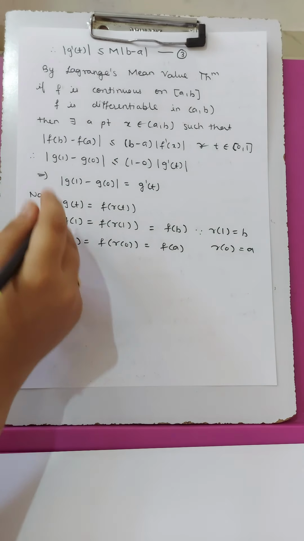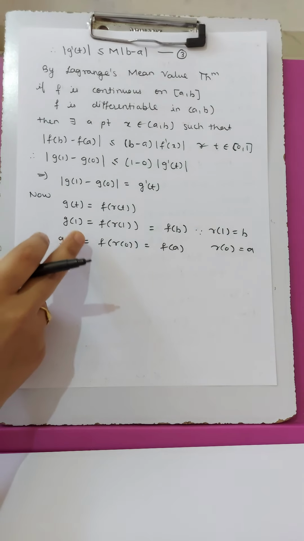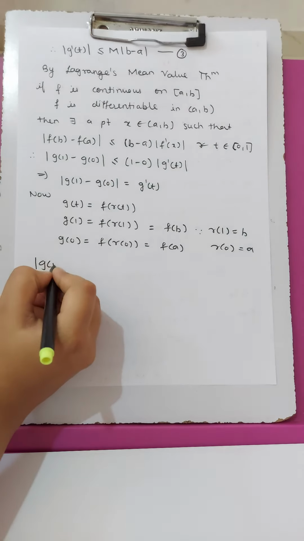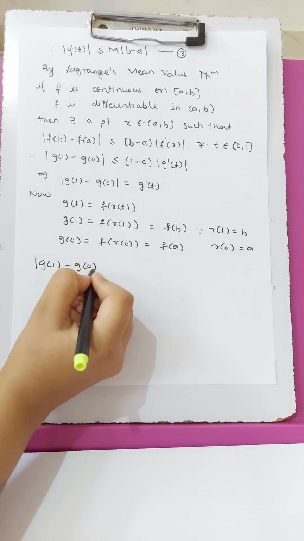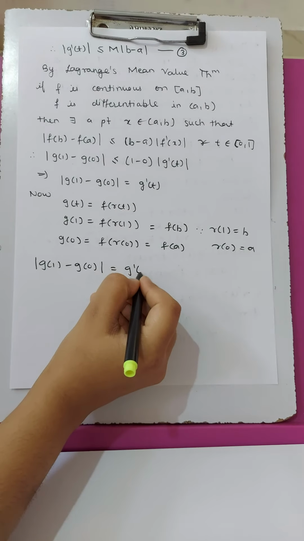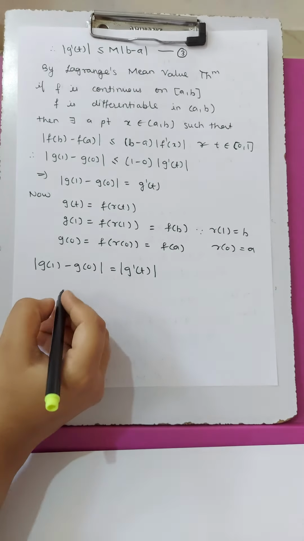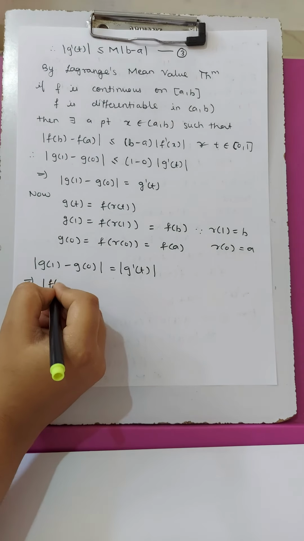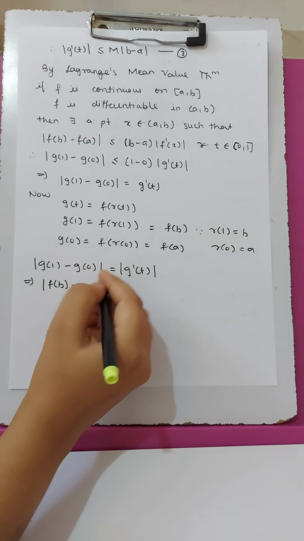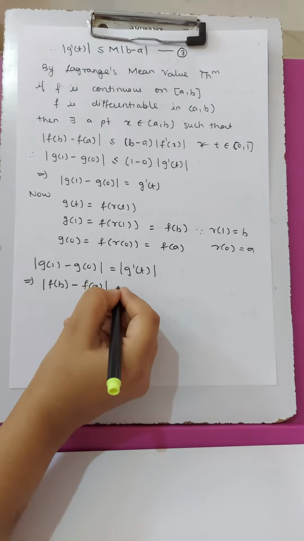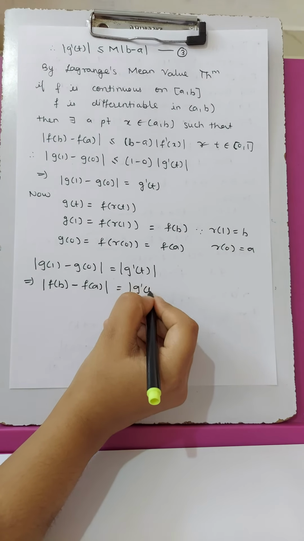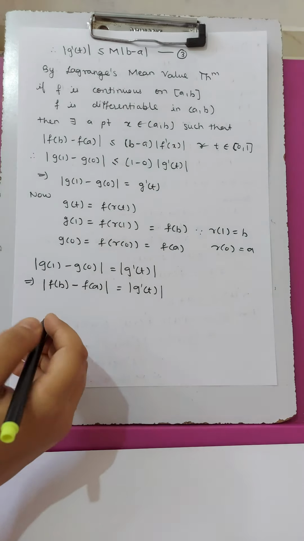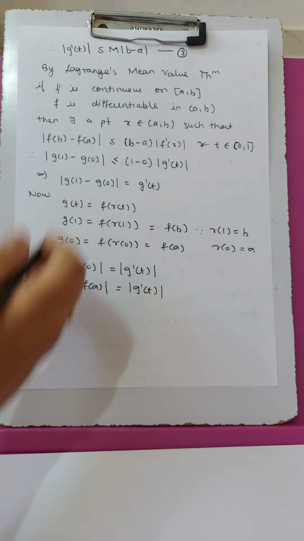Now using this value of g(1) and g(0) in this equation, we get mod of g(1) minus g(0), which is equal to mod of f(b) minus f(a), which is less than or equal to mod of g'(t), and g'(t) from 3 is less than or equal to M mod of b minus a.